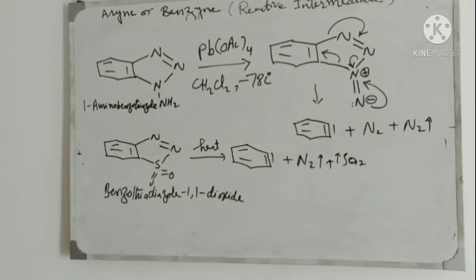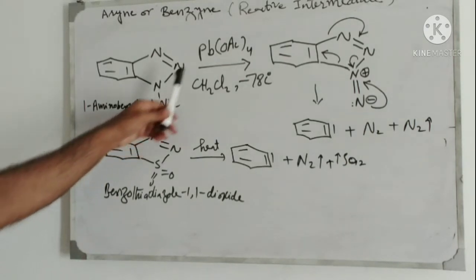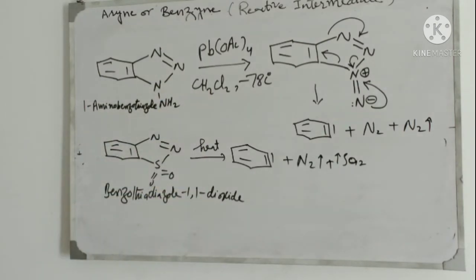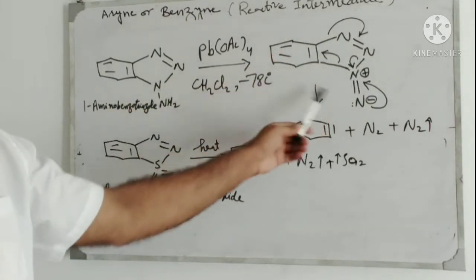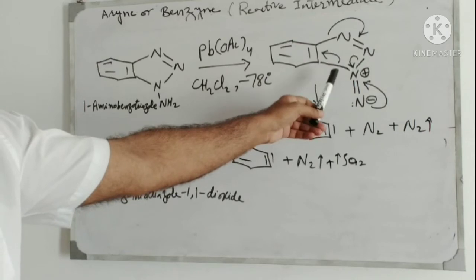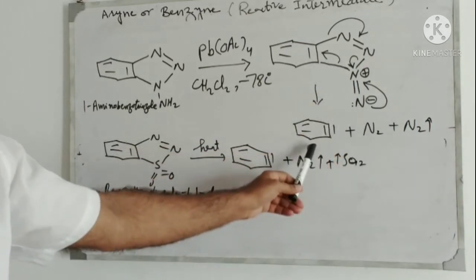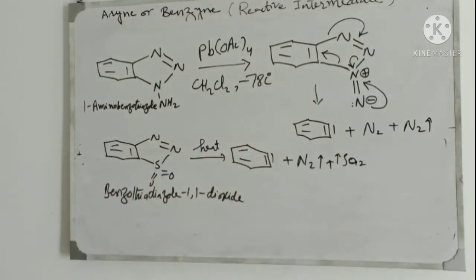So the benzyne or aryne can be generated by using 1-aminobenzotriazole. 1-Aminobenzotriazole, when treated with lead acetate, gives this type of intermediate, and then elimination of nitrogen gas generates the benzyne intermediate.